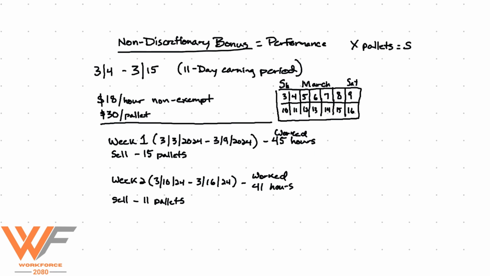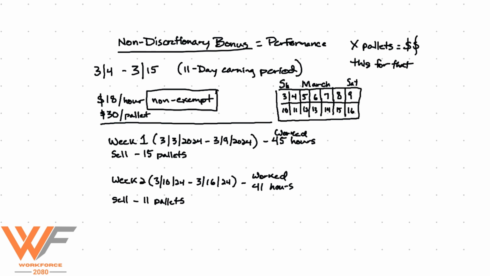What that means is it's a this for that. And when you get those types of things, if you're a non-exempt employee, you're basically going to be due extra overtime if you earn non-discretionary bonuses in a period where you actually work overtime.